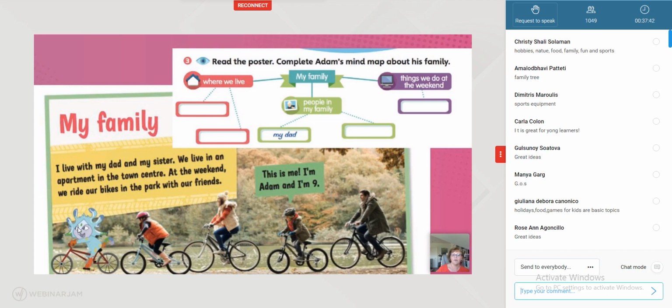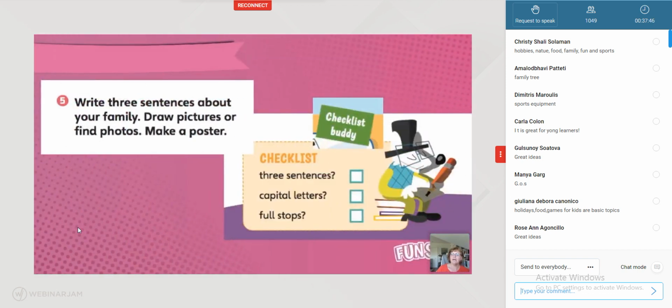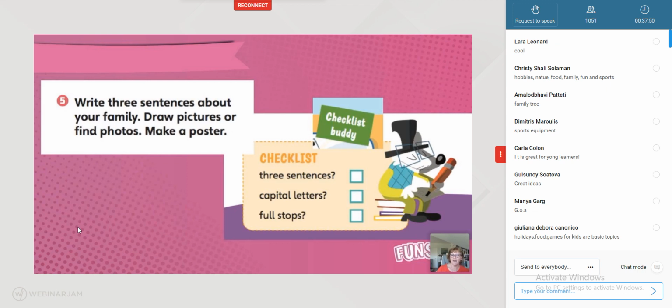Okay, so it's a reading comprehension activity. And then we get students to write 3 sentences about their family, and then they can draw pictures or find a photo or photos, and they make their poster about their family.